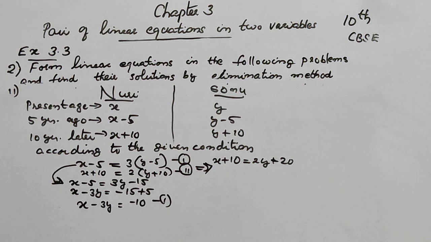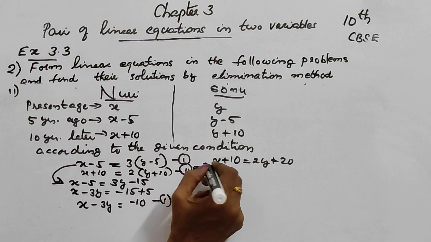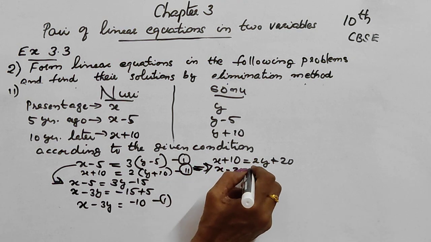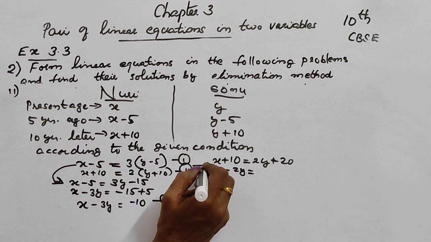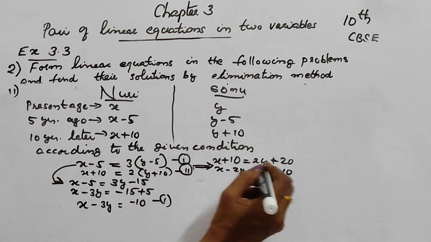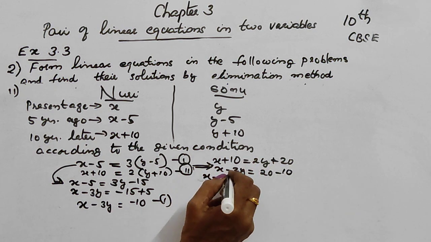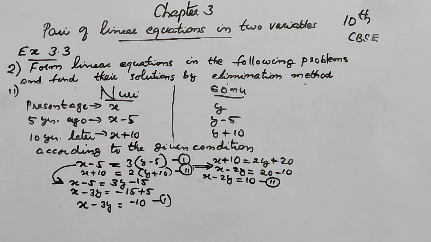Bring this 2y to this side, it becomes x minus 2y equals 20 minus 10. x minus 2y is equal to 10. This is the simplified form of equation 2. Solve 1 and 2, we will get the values of x and y. Like that we get the ages of Nouri and Sonu.